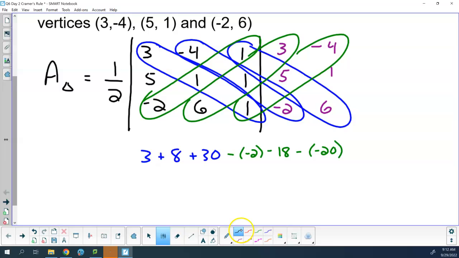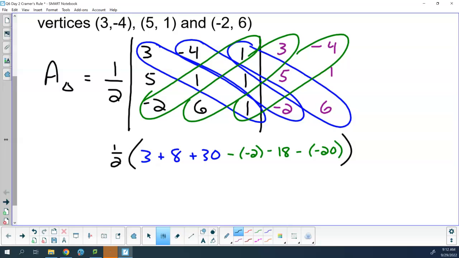And all of that still gets multiplied by 1/2. 3 plus 8 is 11, plus 30 is 41, plus 2 is 43, minus 18 is 25.